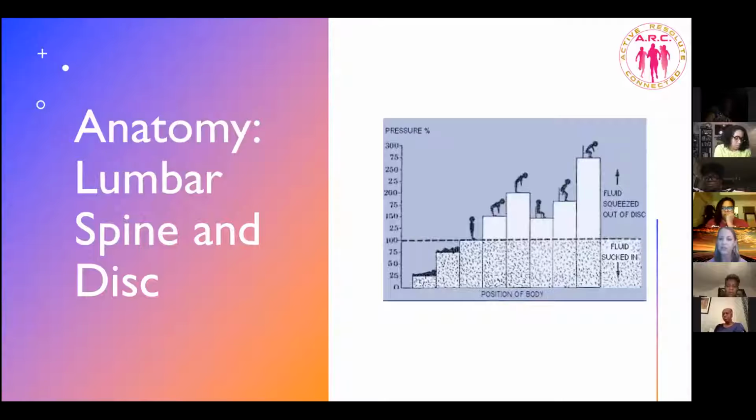So if you look at this graph here, it's the position of your body and the impact on your low back and your disc. If you look at the top there, bending forward in a seated position really puts pressure on that disc, but also just bending forward in general. So a lot of folks will bend forward to stretch their low back, but if you have a disc problem, that can actually make you worse.